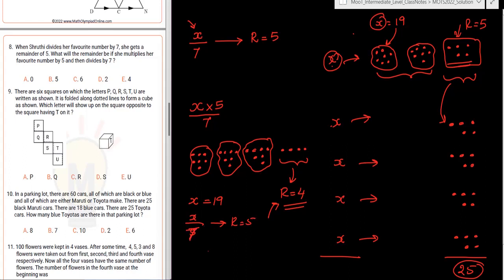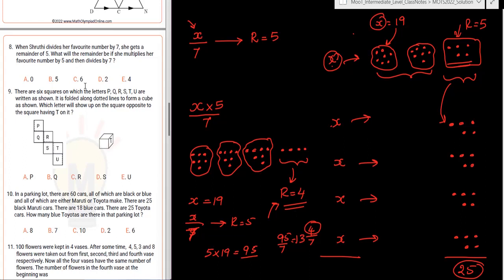Now you do 5 times x, 5 times 19, that's equal to 95. So now you divide 95 by 7. 7 threes are 21, 7 thirteens are 91, the remainder is 4. Right? So you can take a specific example and work this out, or you can do it also mathematically.